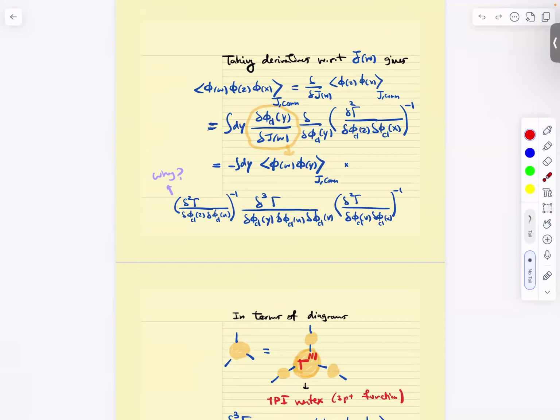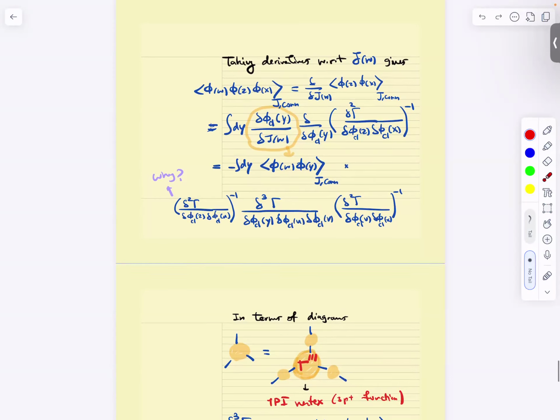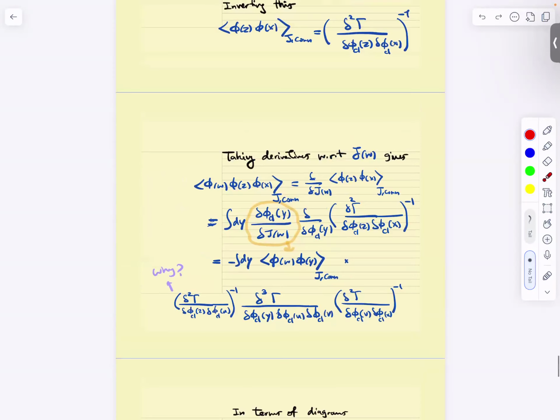This is precisely what it means to be the generating functional for the 1-PI diagrams. Because if you cut here, any cut will make it turn into 2 pieces. Why do we get 3 copies of the 2-point when we differentiate? Oh, because of this.